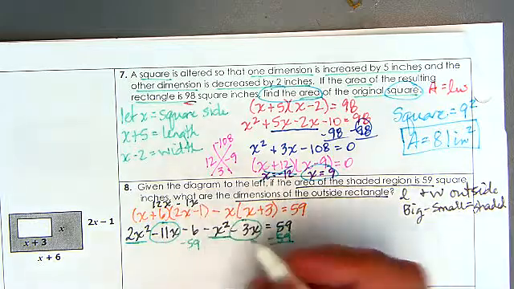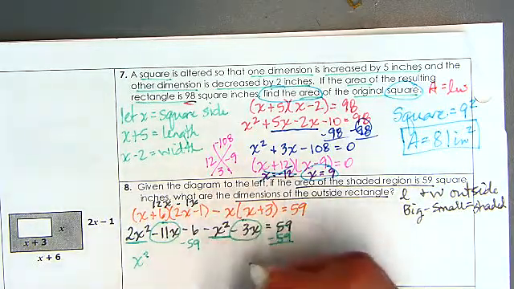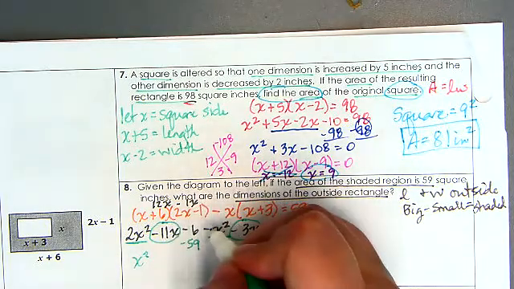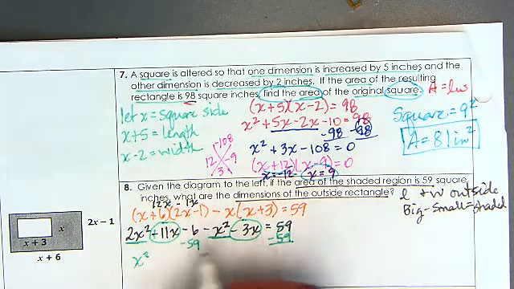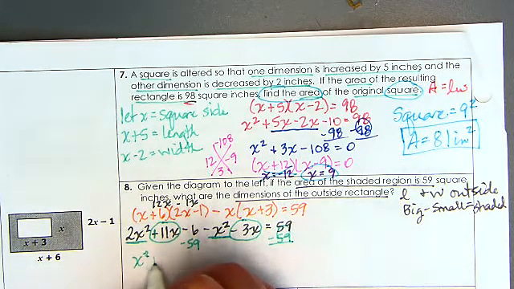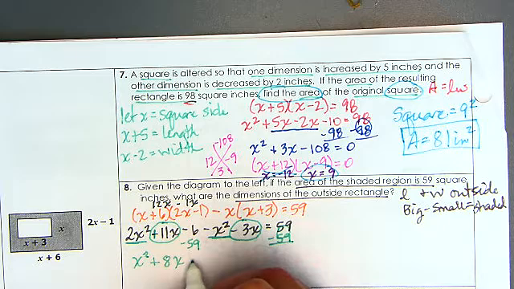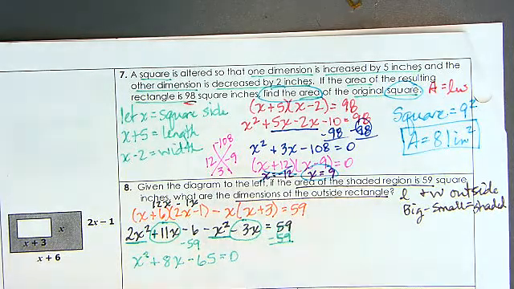I end up with x squared, oh, this is supposed to be a plus 11x. Okay, x squared plus 8x minus 65 equals 0.